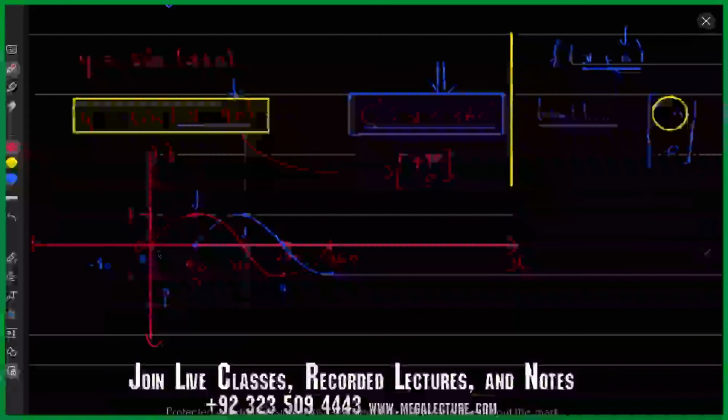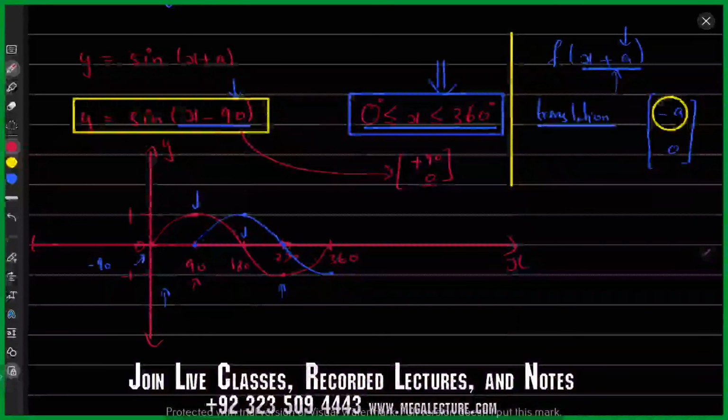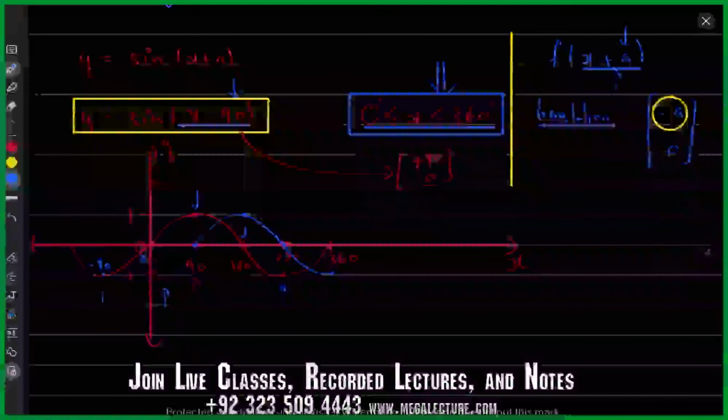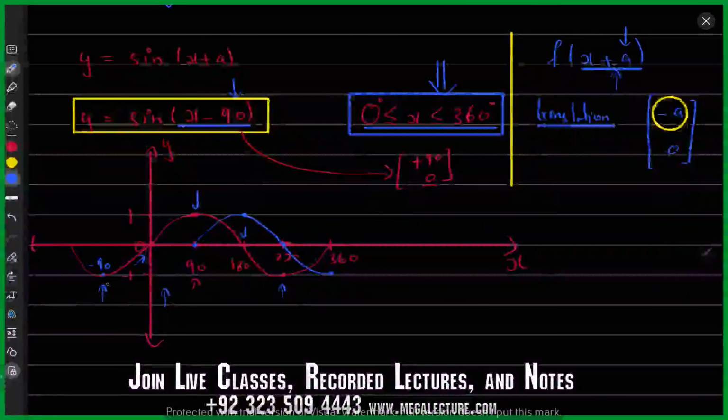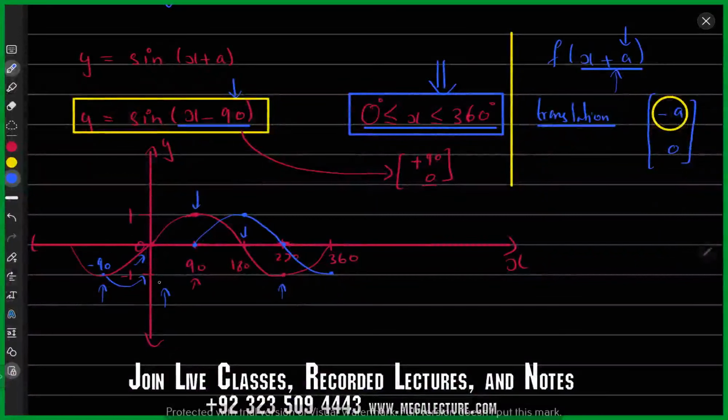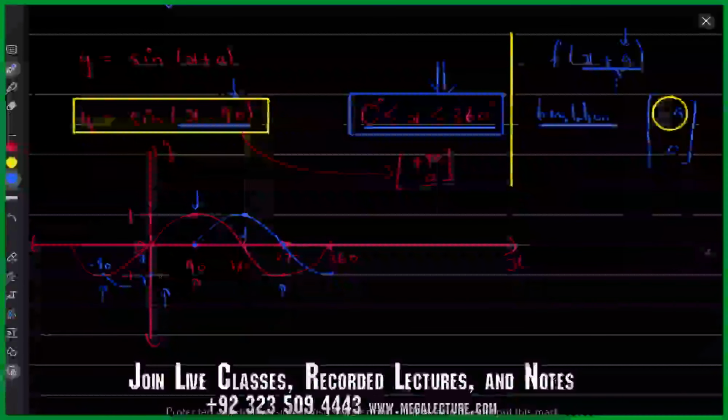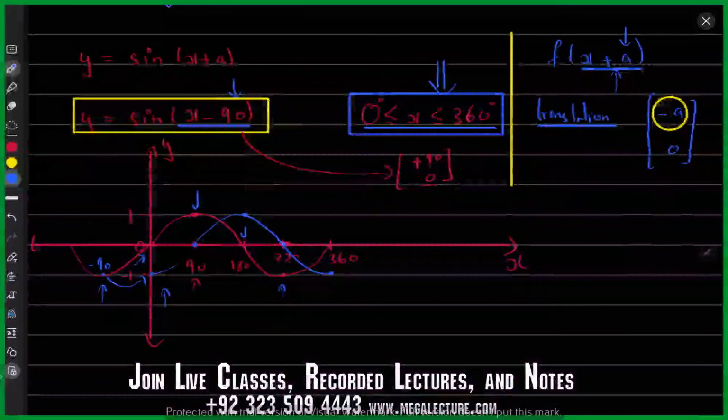I've told you time and again, the sine graph is going to be something of this type. This point right here is minus 90. This would move to this point, and again it is going to be at minus 1. So this is going to be the graph, Motasam.